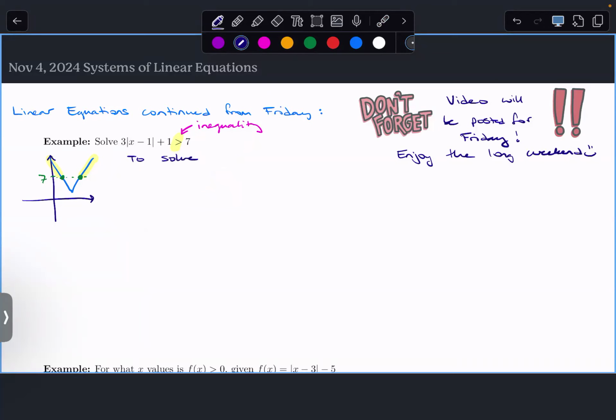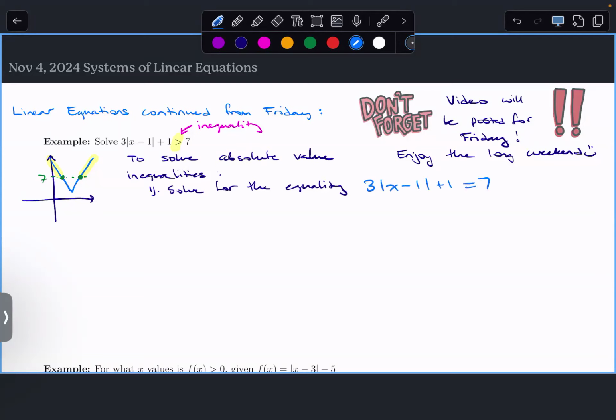So to solve absolute value inequalities, step one: find the equality, or solve for the equality, which in this case is 3 times the absolute value of x minus 1, plus 1, equals 7.